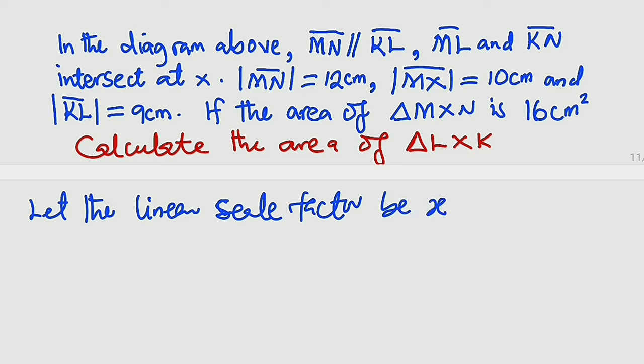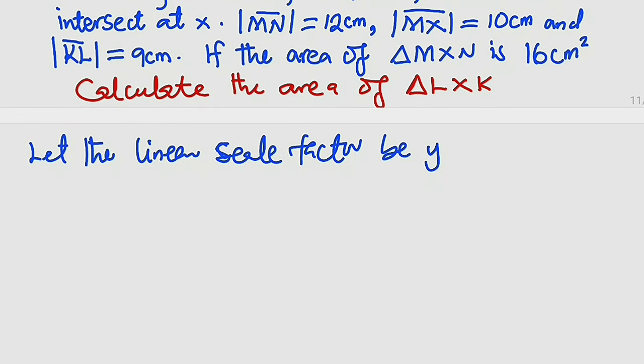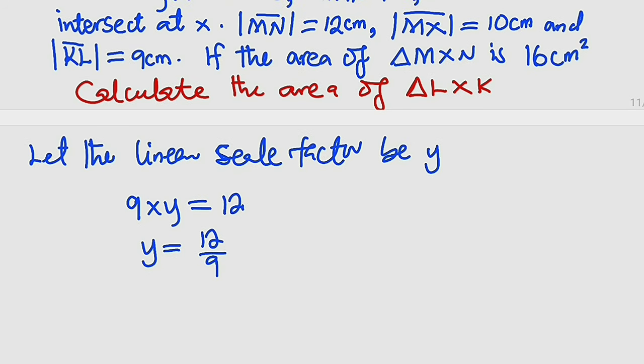Let me call it Y. So if we take 9 and multiply by this Y, it will give us 12. That's linear scale factor. Therefore, if we divide both sides by 9, Y will be 12 divided by 9. So this is our linear scale factor.